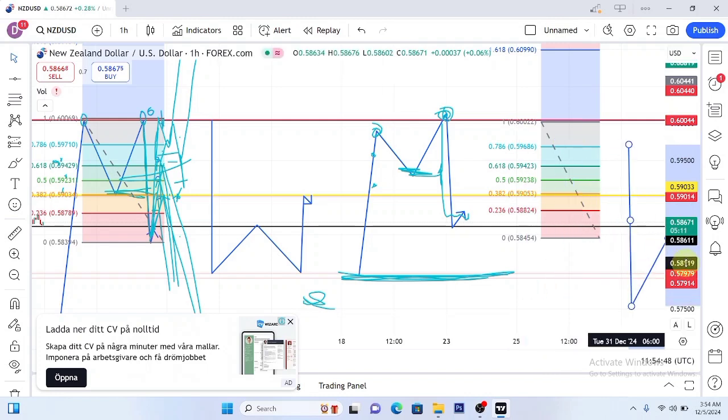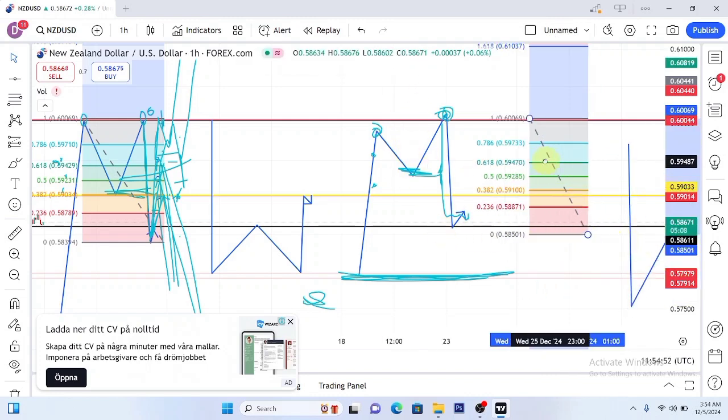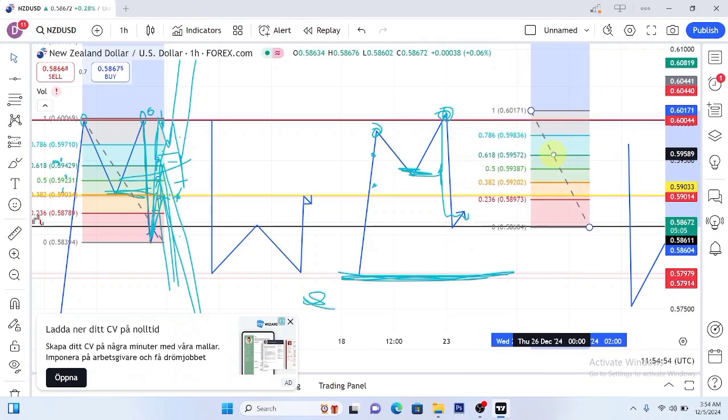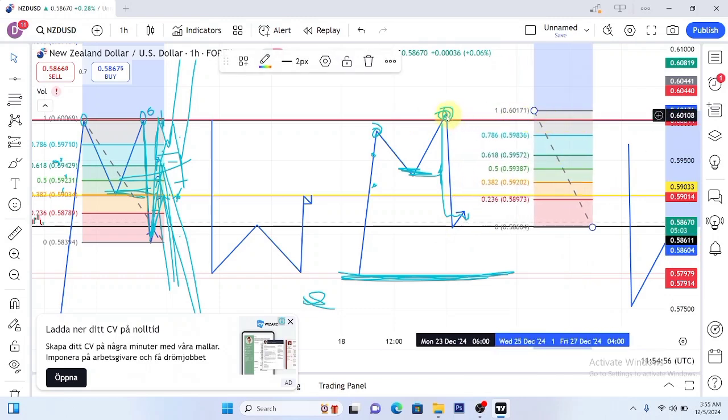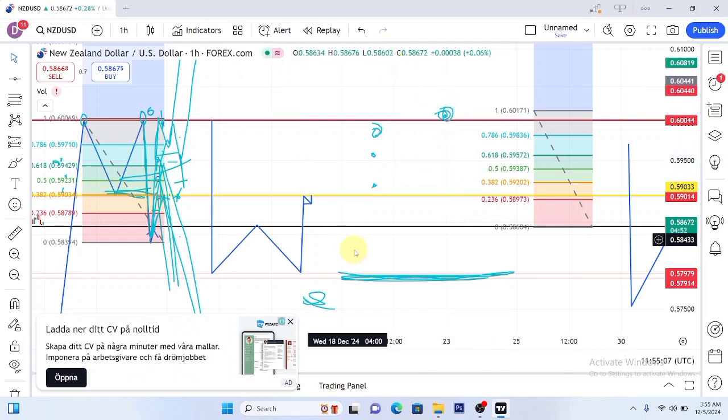We are not using this diagram, we are still using this diagram. So let's put it so that we can see. So now we have our Fibonacci here. So let's say now we want it to get aligned.